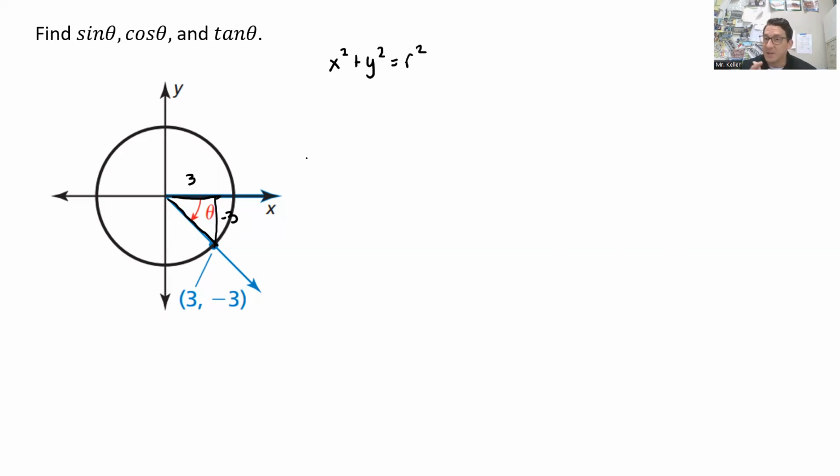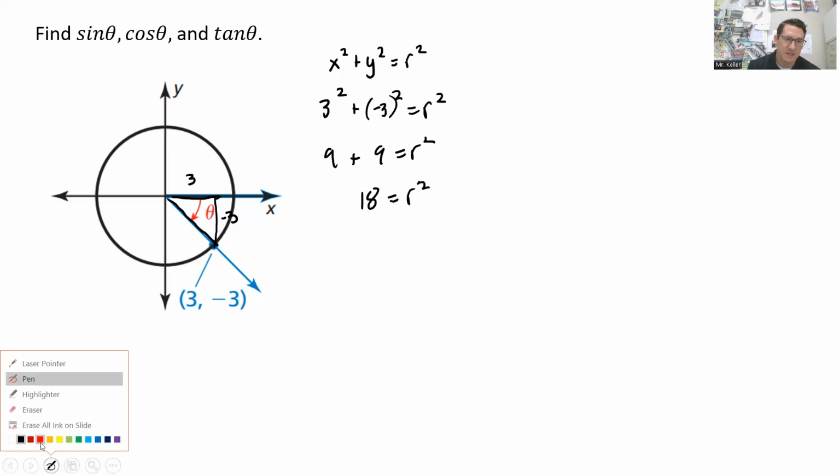If you're paying attention, you should be able to do this one in your head, but we're going to go ahead and put it all in here. So it's 3 squared plus -3 squared. 3 squared is 9. -3 squared is 9. 9 plus 9 is 18. Square root both sides.